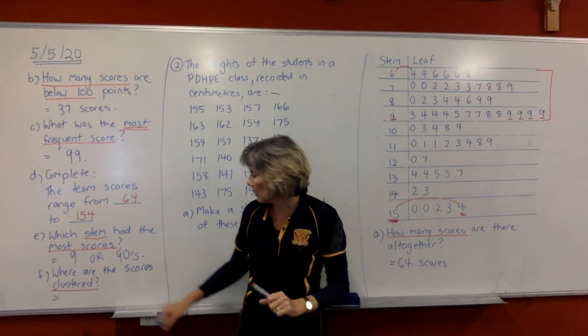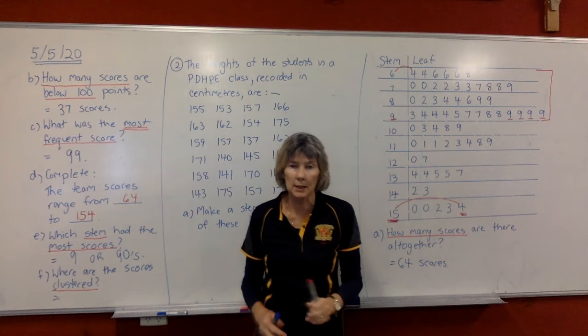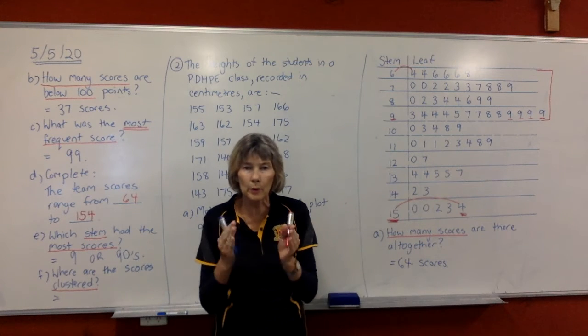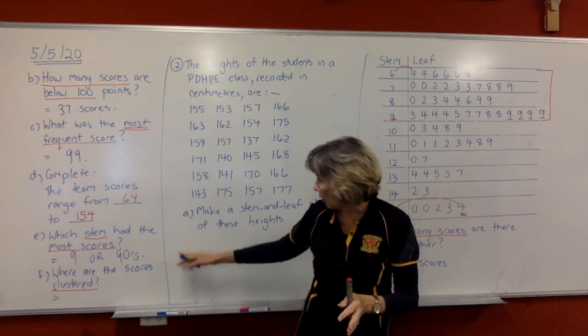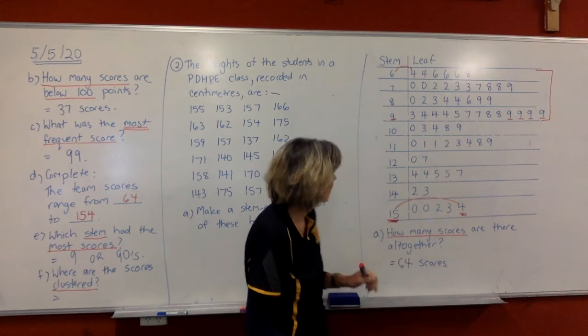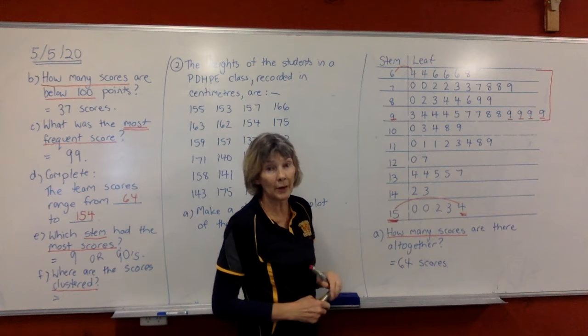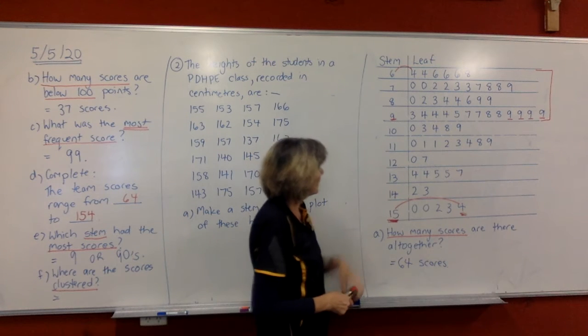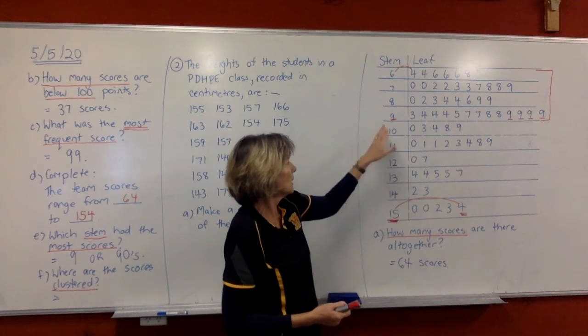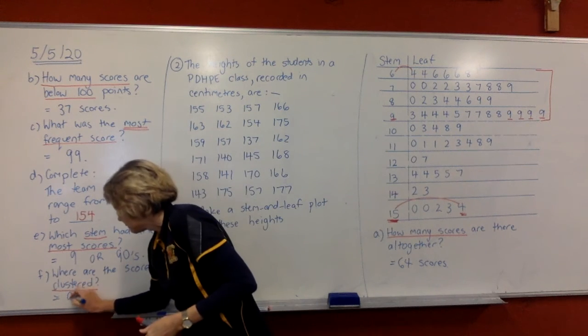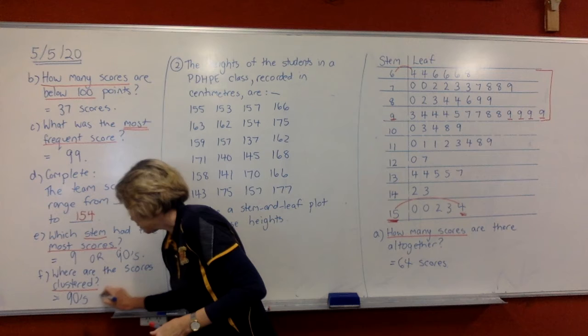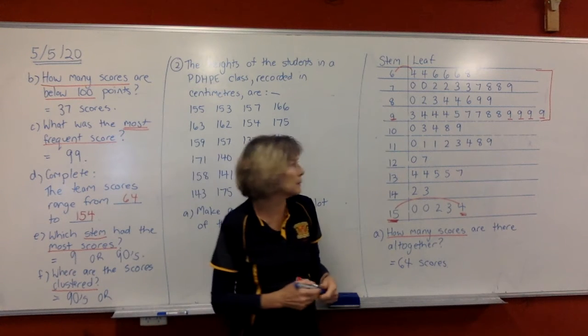Okay, and the last one here, where are the scores clustered? So remember, a cluster is where they're grouped together or bunched together. Well, we just said that there were a whole lot of things in the 90s, so our cluster is probably going to be in the 90s. So some people might write in the exam that the 90s is where the cluster is. Or you might want to be a little bit more specific.